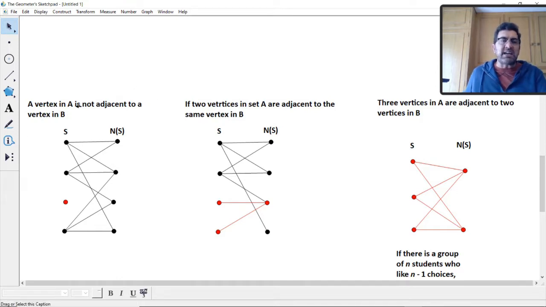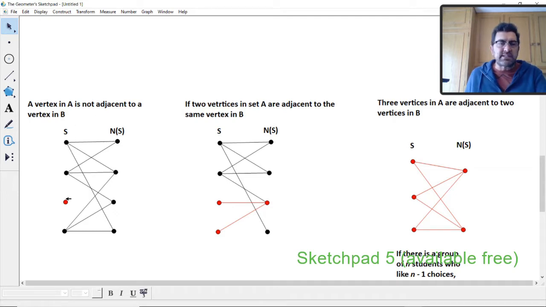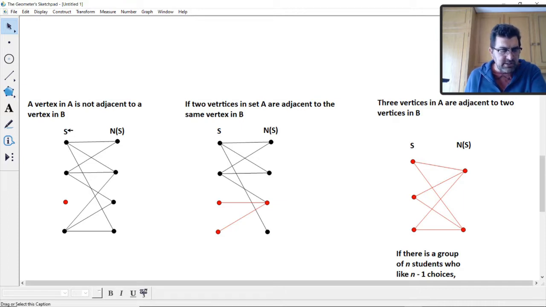A vertex A is not adjacent to a vertex B. So in this case, there's no edge that connects this vertex to a vertex in the next set. Then it doesn't contain a mapping of S. Now let me just talk about this notation. This is the set S, and we're going to introduce the language now, but this is the neighborhood of S, meaning that S can have that as a neighbor, or this vertex as a neighbor.